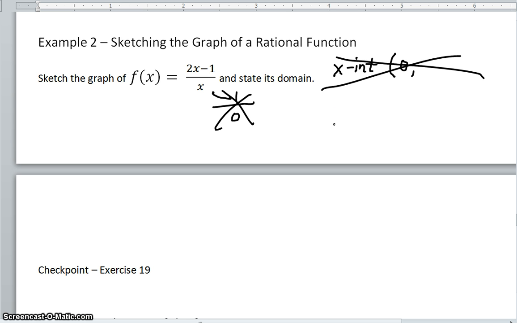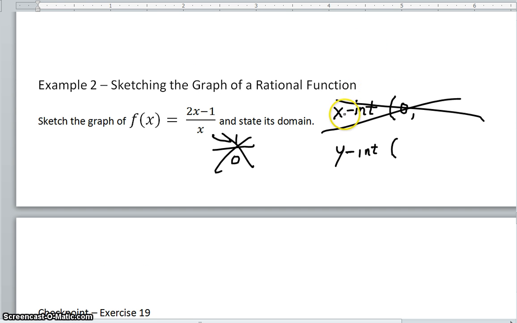I have to be careful here because I said x-intercept, I meant y-intercept, because you plug 0 in for x for a y-intercept. For an x-intercept, you plug 0 in for y. So if I plug 0 in for y for this graph, let's see what happens.